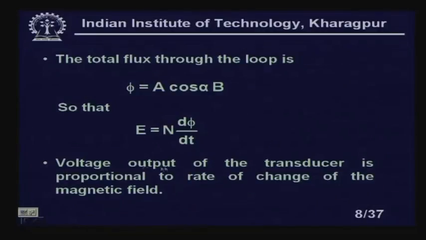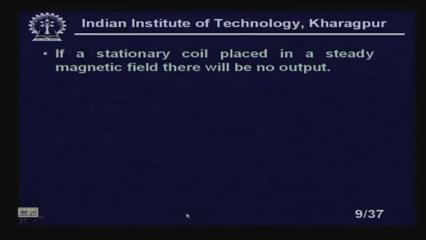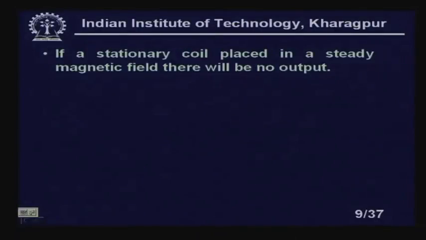Faster the rate of change of flux through the coil, that means the faster it rotates, I will get a larger output voltage. So we are telling that the voltage output of the transducer is proportional to the rate of change of the magnetic field. If a stationary coil is now placed in a steady state magnetic field, that means a DC magnetic field, a field produced by a DC voltage or a permanent magnet, there will be no output voltage, because d phi by dt will be 0.